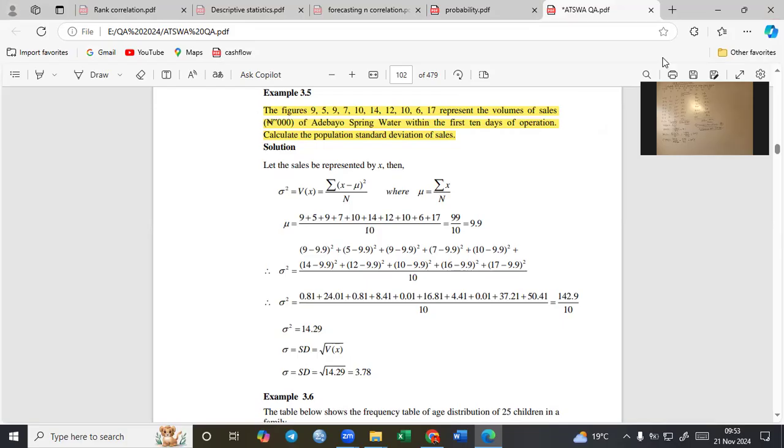I hope everyone has written it down. If you haven't written it, write it down or screenshot as I wrap up the board. So we said we are talking about standard deviation.